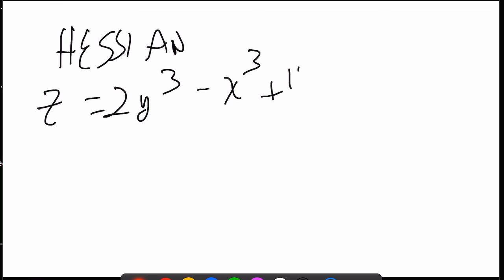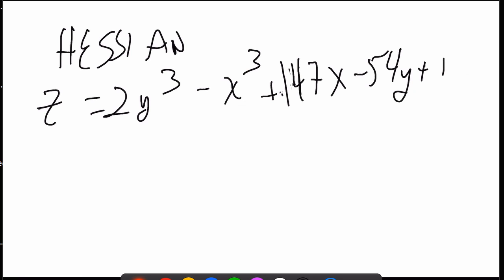Z equals 2y cubed minus x cubed plus 147x minus 54y plus 12. Right? We have a solution of x equals 7 and y equals minus 3.